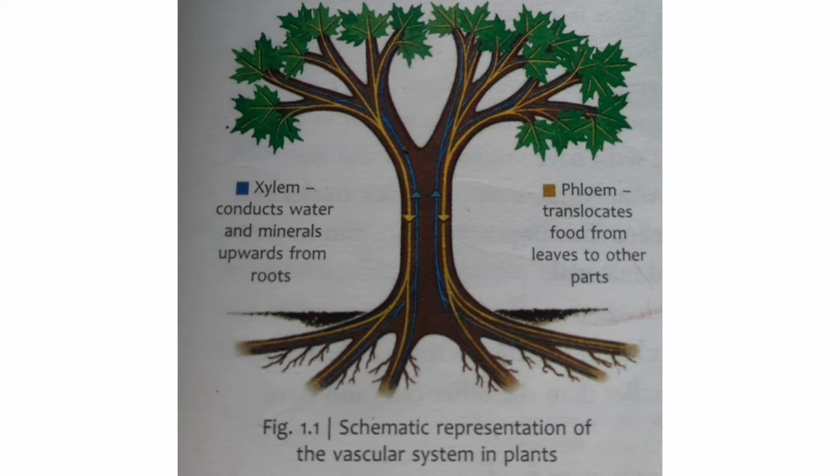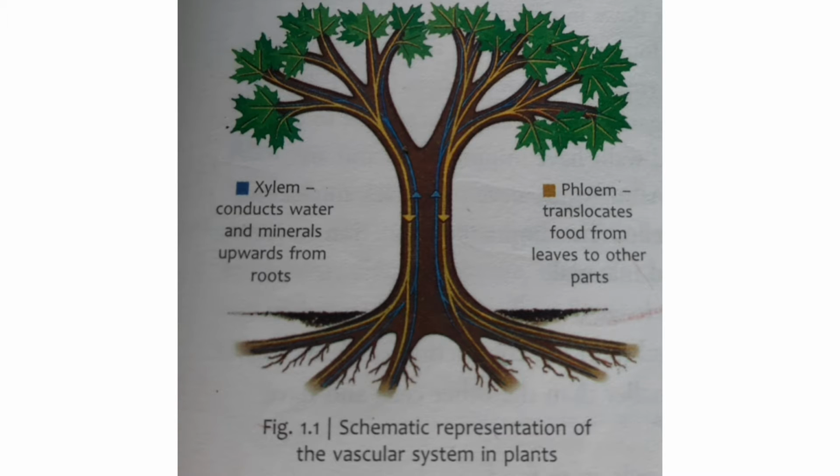Here is the picture of the schematic representation of the vascular system of plants. You can see two kinds of things written and highlighted with blue color and yellow color. The blue is xylem and the yellow one is phloem.